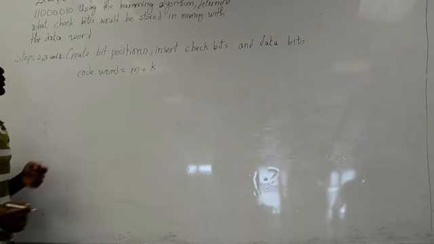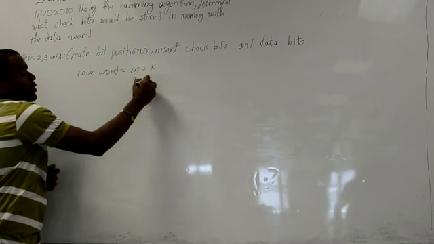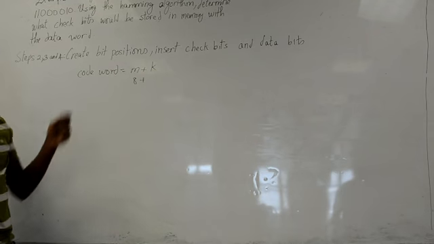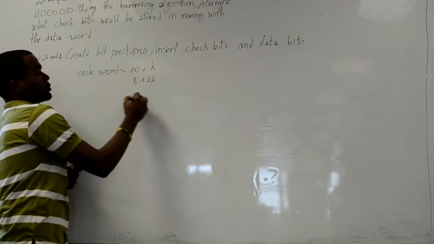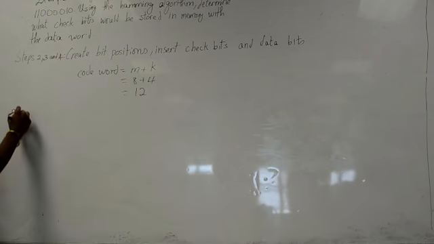So if you remember from step 1, there are 8 bits, and we said that k must be equal to 4. So our code word must be of length 12 bits.